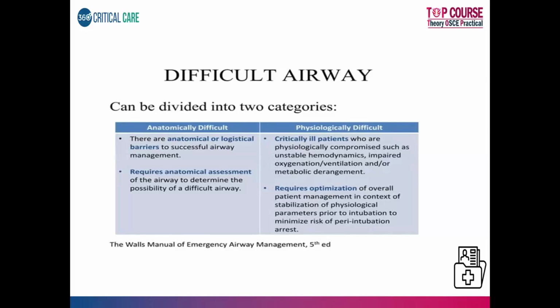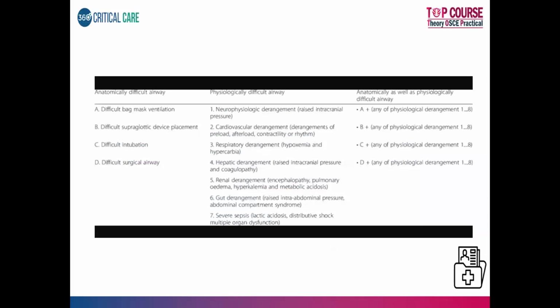If you want to manage a physiologically difficult airway, you have to optimize the overall patient condition in order to prevent this, otherwise it may lead to peri-intubation arrest. Okay, so this will make the concept clear.